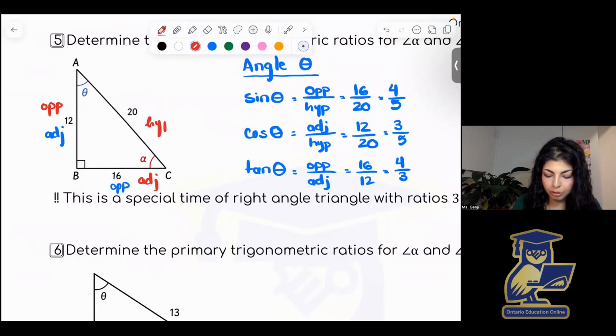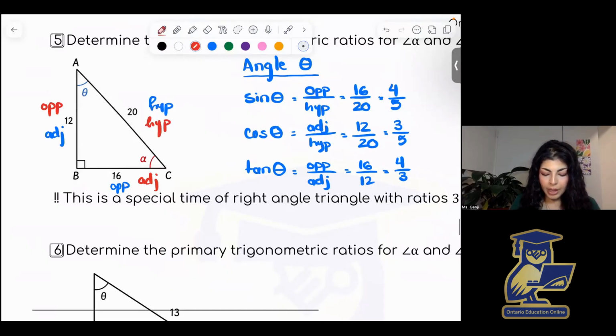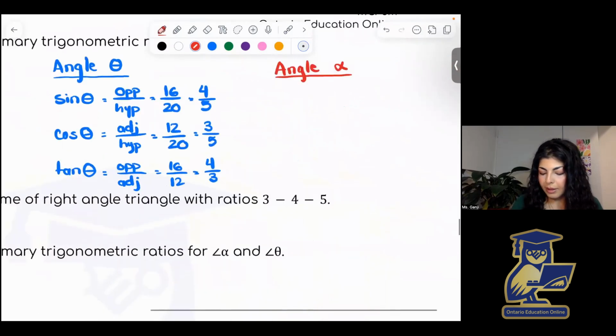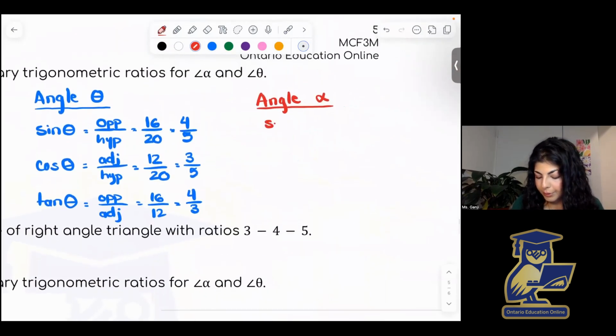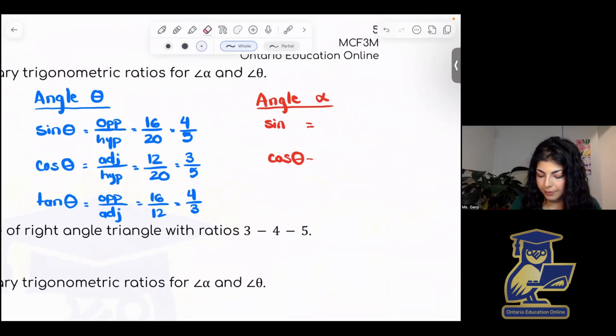This is the hypotenuse for both of them. So now, let me just write out all of these first: sine of alpha, cosine of alpha, and then tangent of alpha.